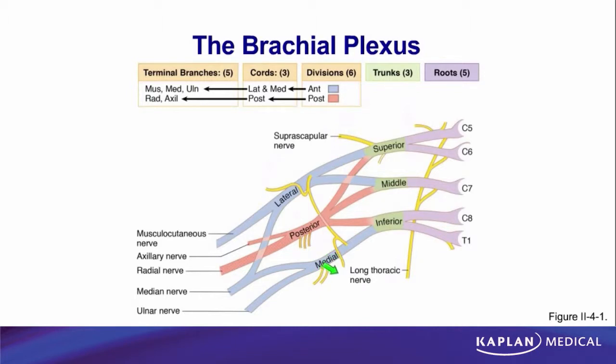Those as a group are called collateral nerves. And rather than worry about each individual collateral nerve, if we understand why we have collateral nerves, that will really be useful. The point is that these 5 terminal nerves aren't formed until we're leaving the axilla and entering the arm. By the time we get that far out into the limb, we've already passed muscles that are more proximal, the muscles right around the shoulder and the muscles that form the walls of the axilla.